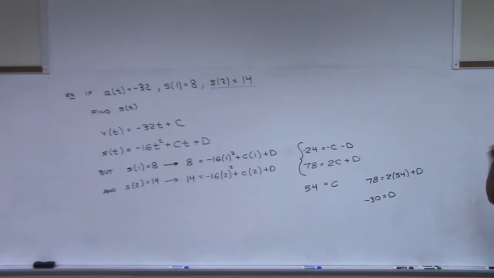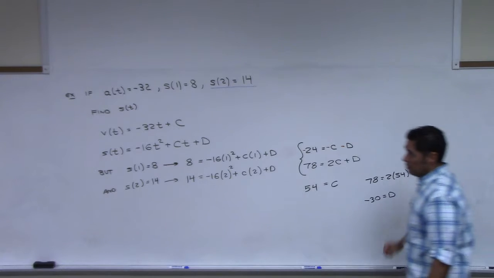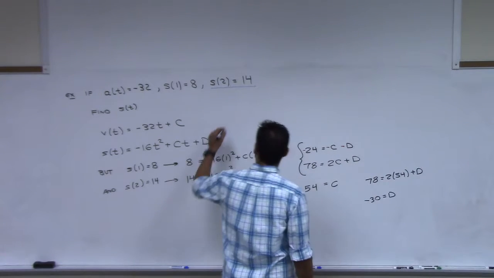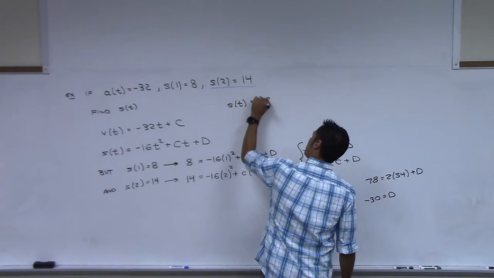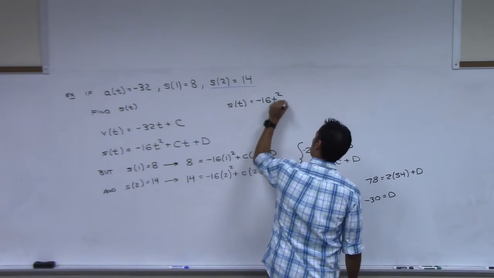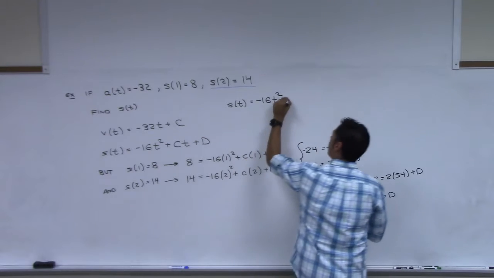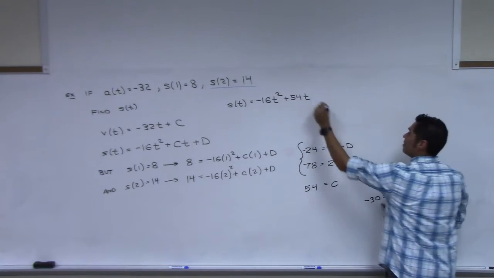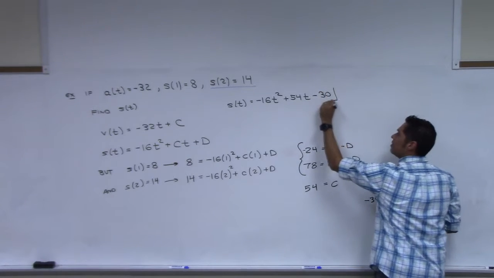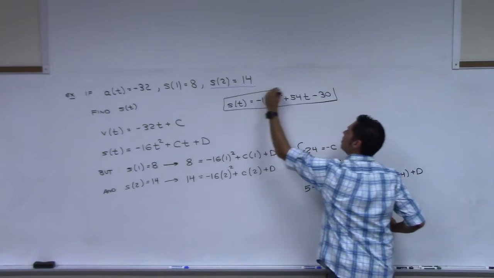Someone else can confirm. It is. Okay, so our final answer is this. Our position function is negative 16 t squared plus c, but c was 54, so plus 54 t, and then plus d, but d was negative 30. So this is the answer right here.